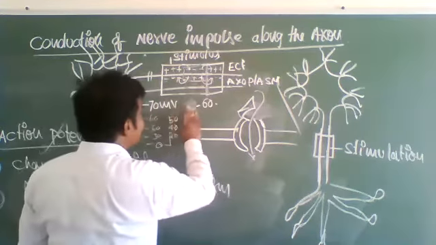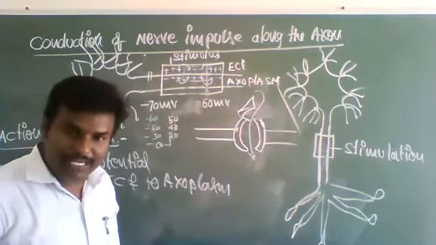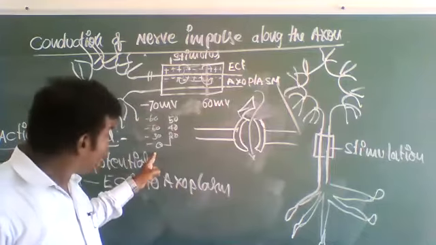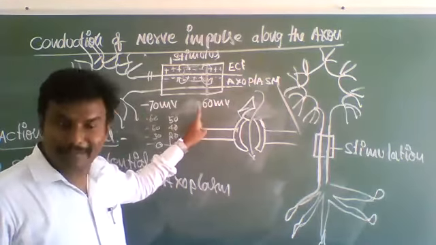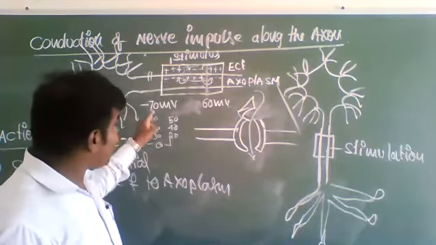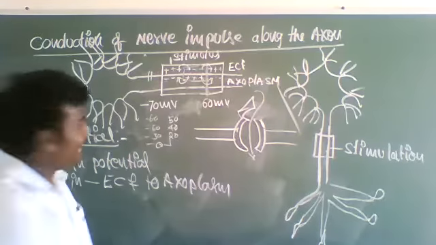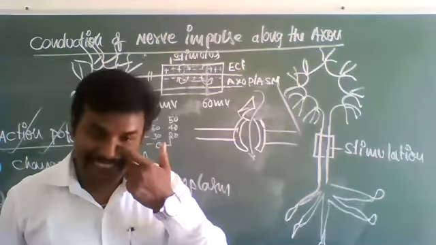So here I should write 60 millivolts. From minus 70 millivolts it reaches plus 60 millivolts. This change in the potential is called action potential, and this membrane is said to be depolarized.